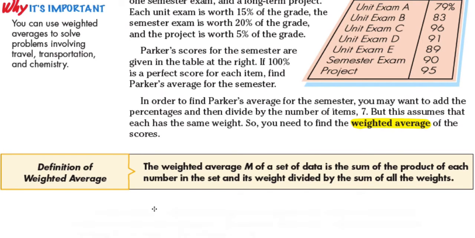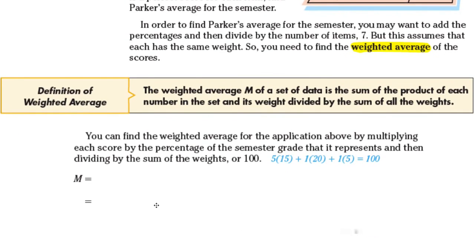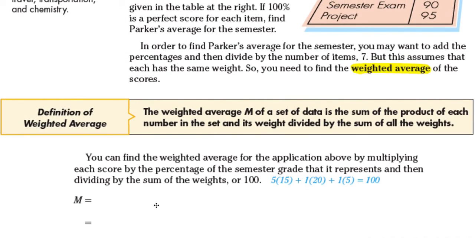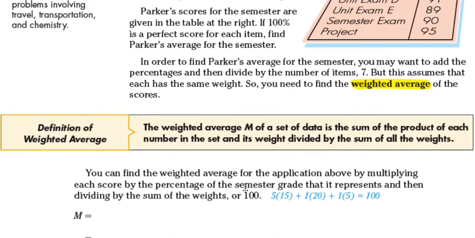You can find the weighted average for the application above by multiplying each score by the percentage of the semester grade that it represents and then dividing by the sum of the weights, which is 100%. So you have 5 times 15, 1 times 20, and 1 times 5, which should equal 100.